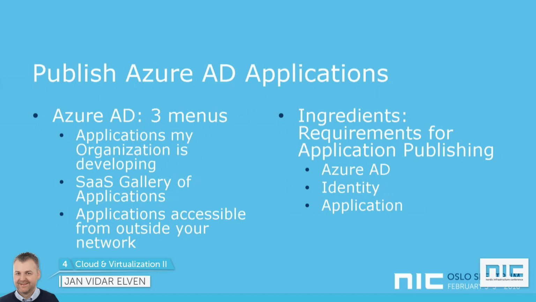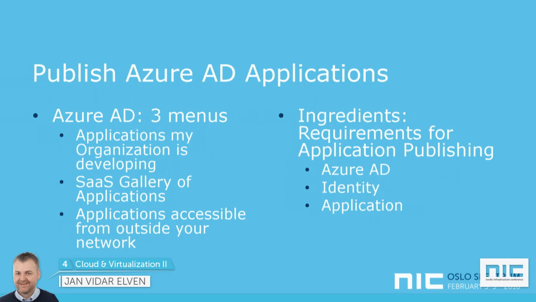The ingredients, you need 3 main parts. Azure AD, of course. And Azure AD we have in different flavors. We have the basic Azure AD, which is included with other services you are using, for example, Office 365, or if you are running an Azure subscription. And we have the basic and premium versions of Azure AD.